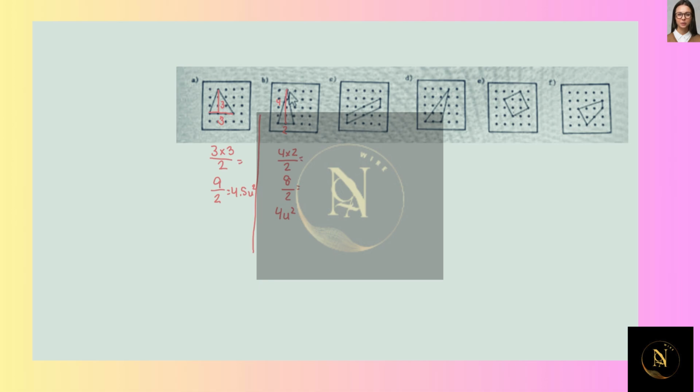Then we have a parallelogram. And so I could take the area of this triangle right here. And so that is a 2 by 4. So 2 times 4 divided by 2 equals 8 units squared. So this one's 8. Then what I can do is I can use this rectangle, which is a 1 by 1, 2, 3, 4. So that's 4 units squared. And I could take this 4 by 2.